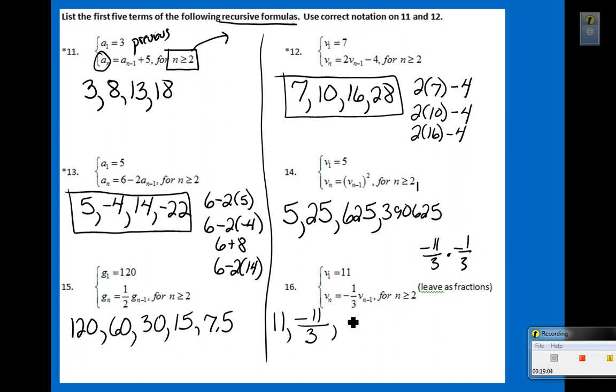Negative 11 times negative 1 is positive 11 over 3 times 3 is 9. Like I said, you could be using your calculator. If I multiply by negative 1/3 again, I'm going to get negative 11 over 27. And if I go one more time, I'm going to get positive 11 over 81. I will show you how to make sure you can do that on the TI-84 calculator also. But that's how we handle a recursive formula.